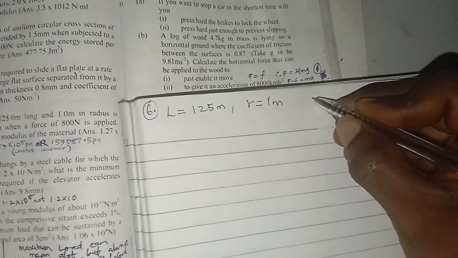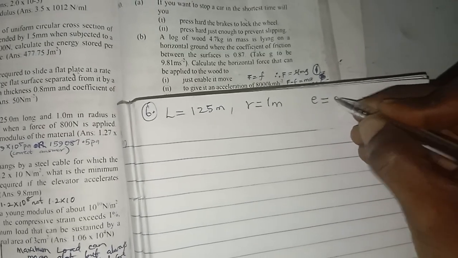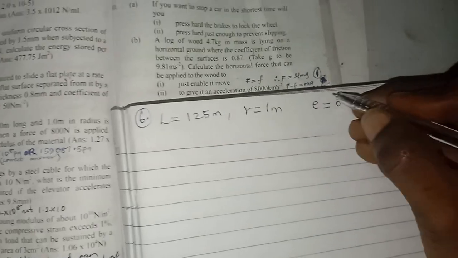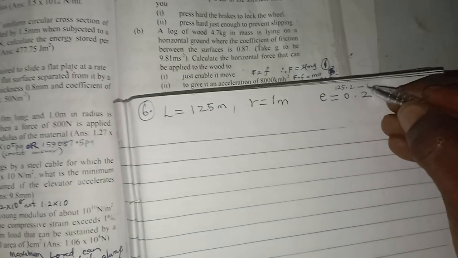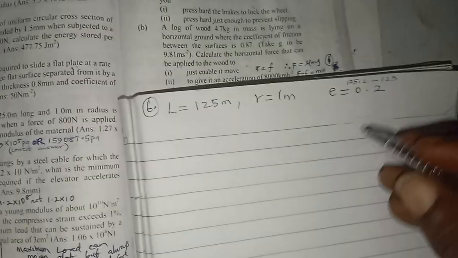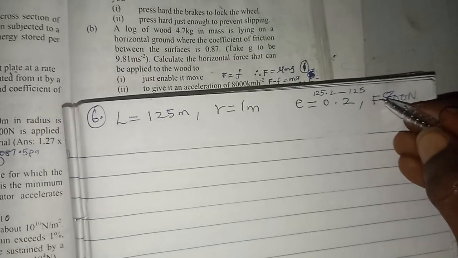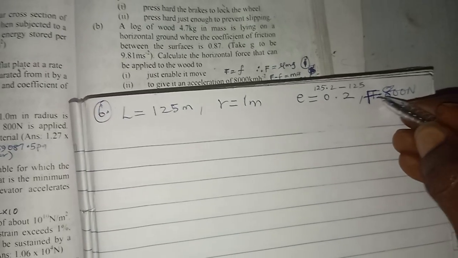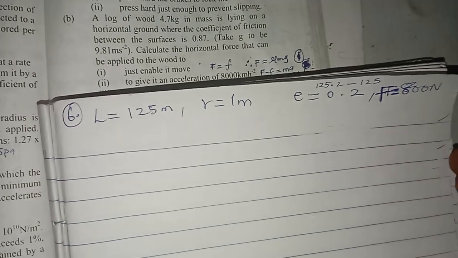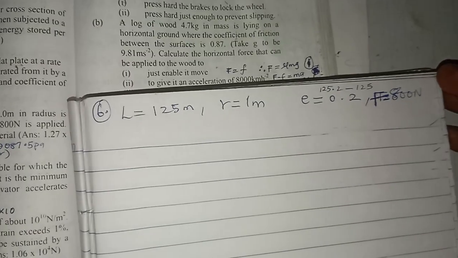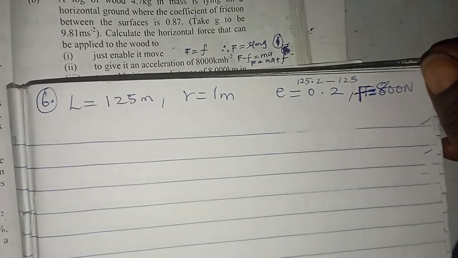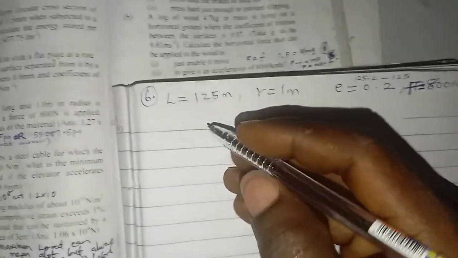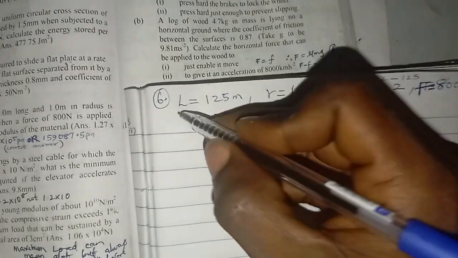I have stretched, that means E is 0.2, because you will now do 125.2 minus 125, which is going to give you 0.2 for the E. Now, the force is 800 Newton. So what they're asking us to find is Young modulus.